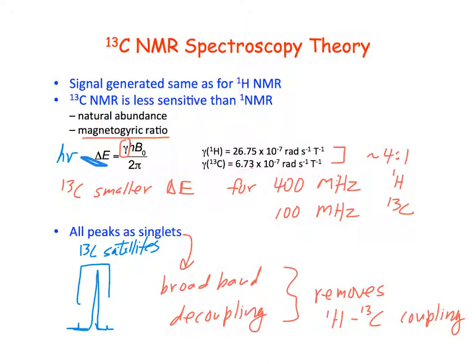And if we measure this gap, they should be symmetrically centered around the proton signal. This distance right here would be the one bond carbon hydrogen coupling constant. And we'll talk about that coupling constant more in a minute.